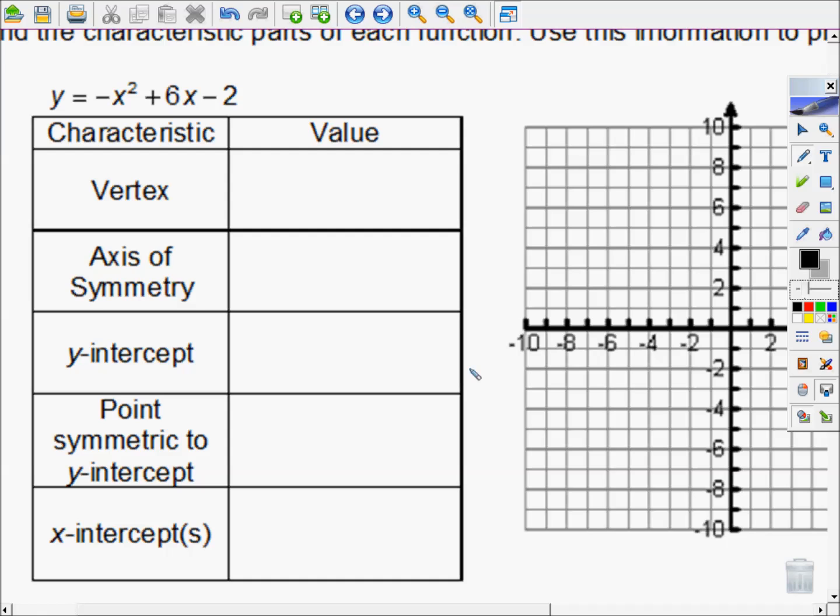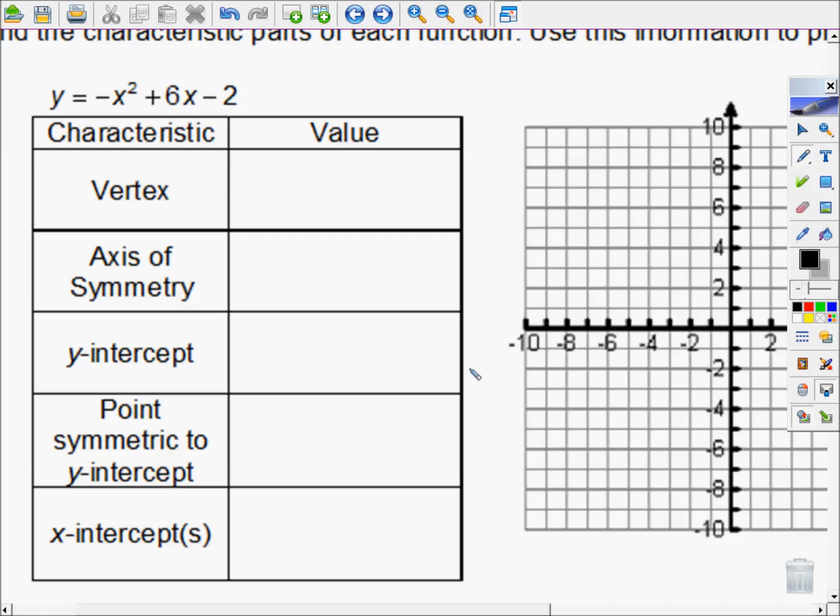The axis of symmetry is 3, so it's 3 away from 0. You go 3 this way, so that's 6. Yes, that's it, 6.